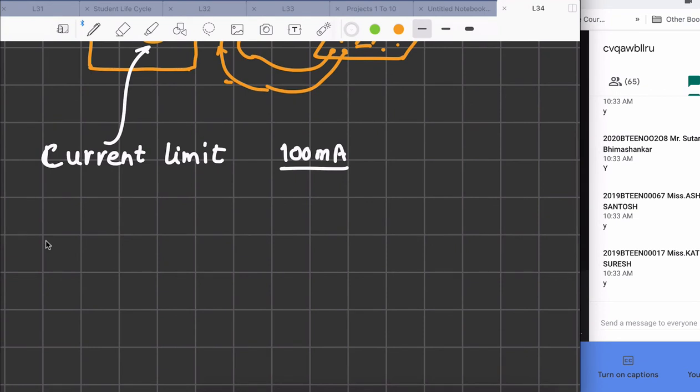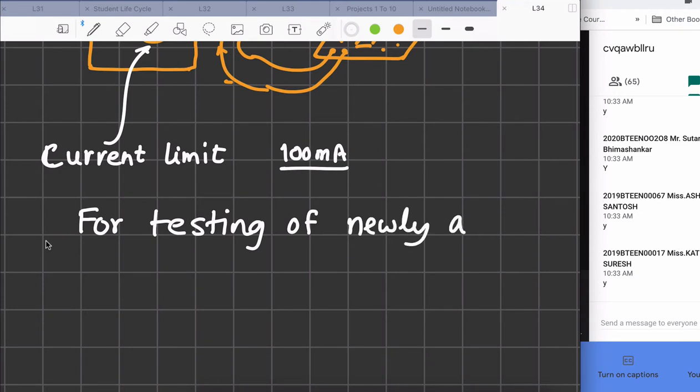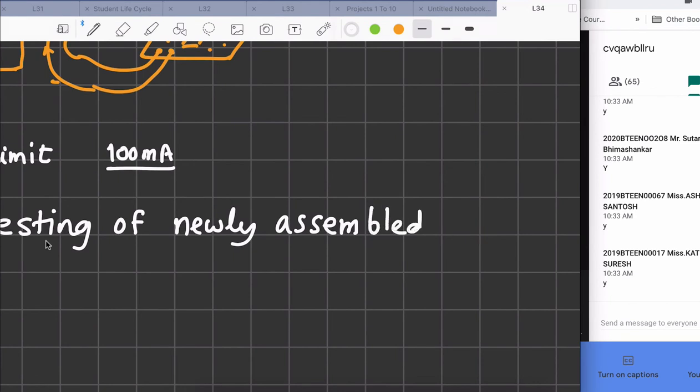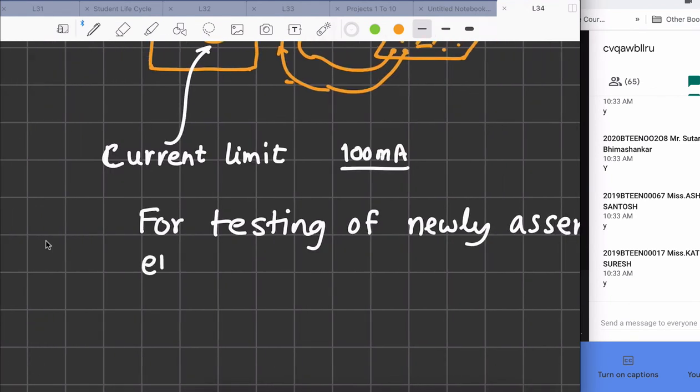So let me write down: for testing of a newly assembled embedded board. Embedded board is an example, it can be any electronic system.